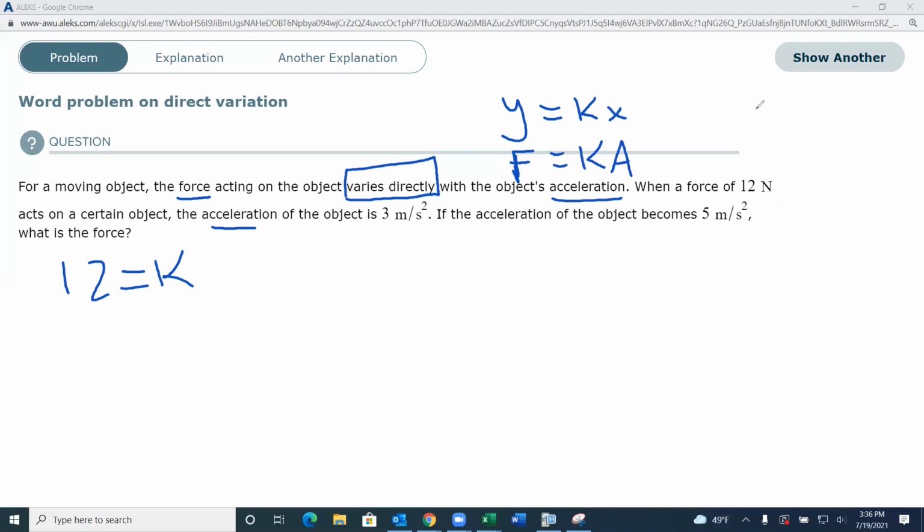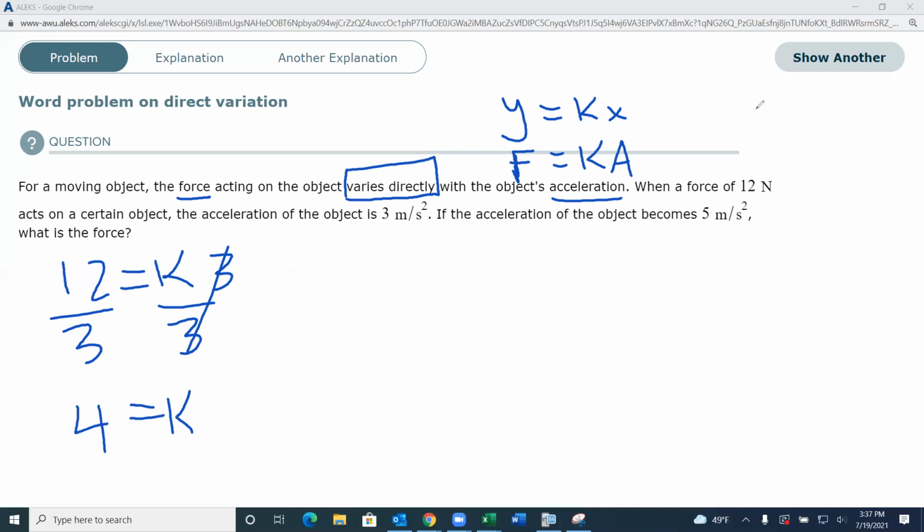Maybe you don't understand that either, but you don't have to. The point is, this force goes with this acceleration. They match up, so when I plug in one of them into the equation, I have to plug in the other. So I'll divide both sides by 3, and I know that k is 4.